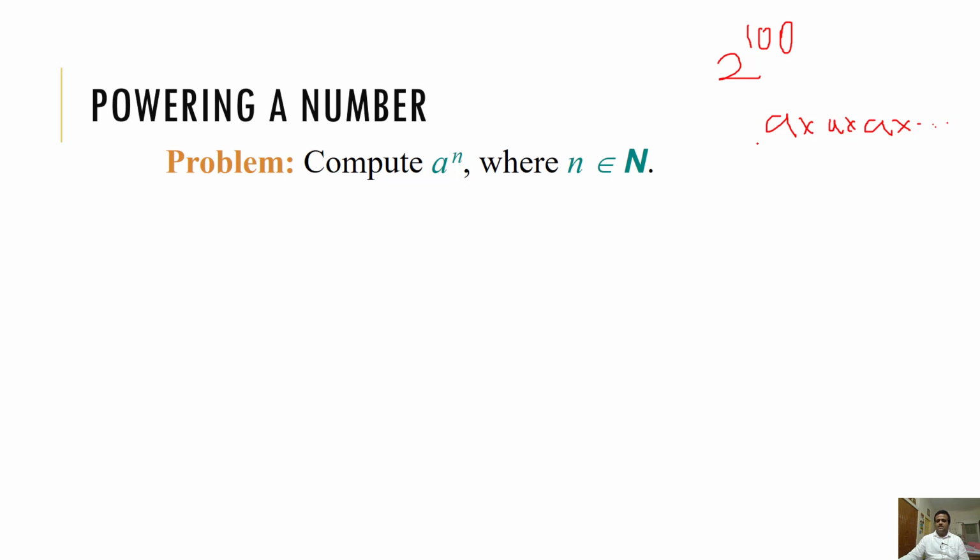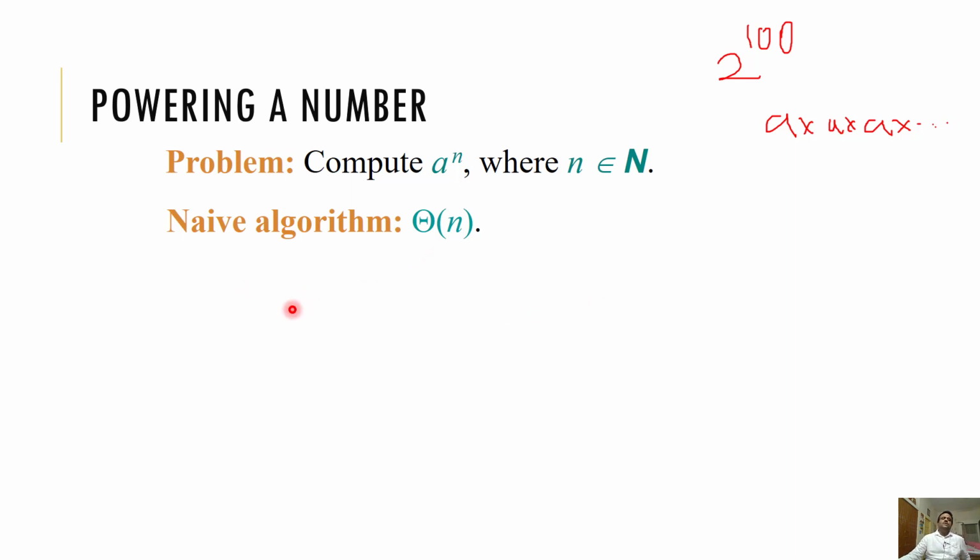We keep on multiplying a with the value, where the value is initialized to 1. What is the time complexity for that? The time complexity will be order of n, because we have n minus 1 multiplications, and each multiplication takes theta 1 time. So the naive approach is order of n.